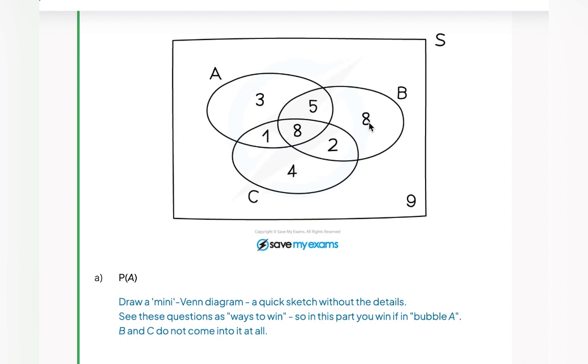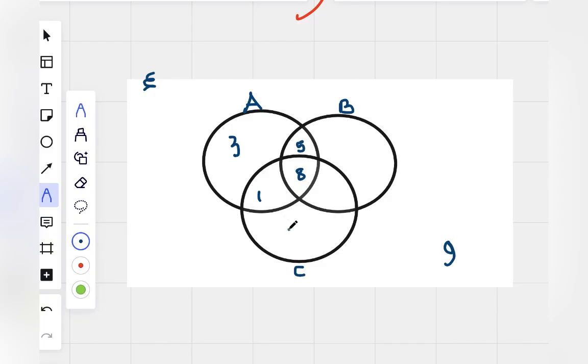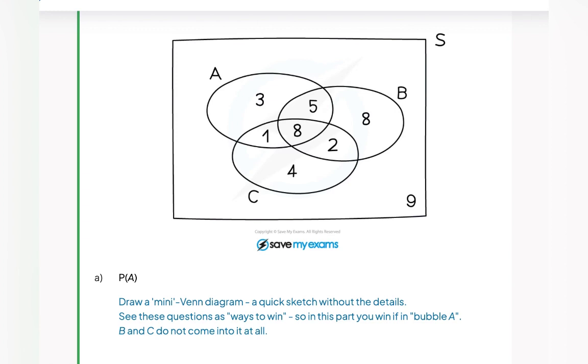Then we have 4, 2, 8. 4 is here, 2 is here. 4, 2, 8. How come? Oh, 8 occurs a second time.